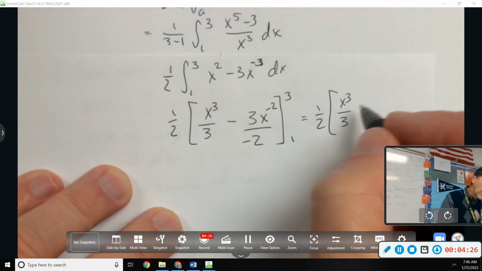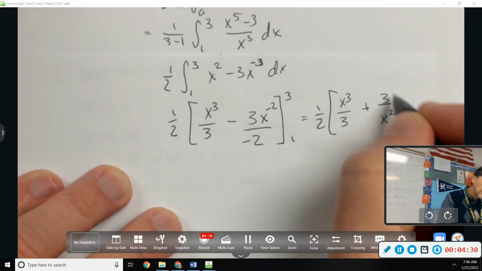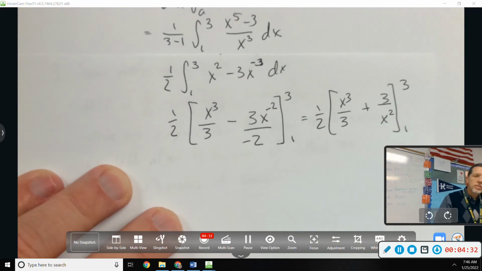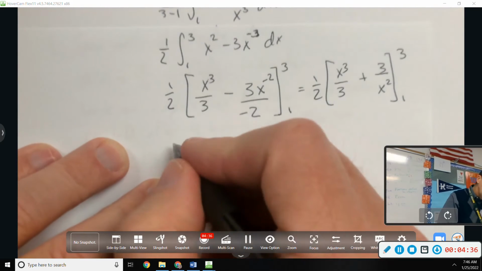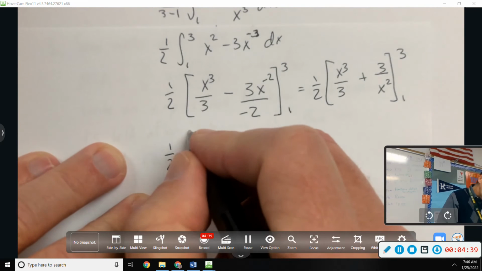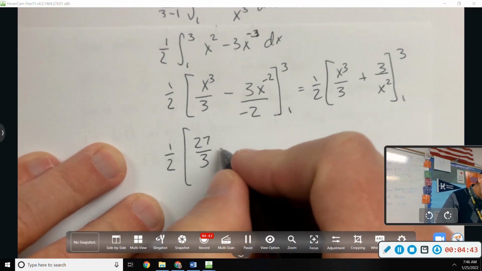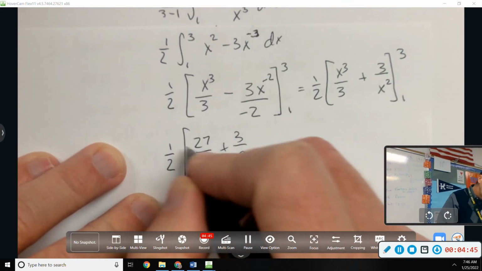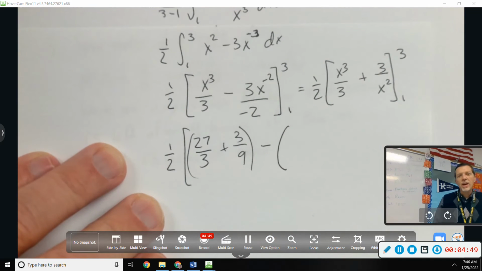The 2 negatives make a positive, and then I'm going to put that x squared in the bottom. I guess I don't have to do that. So 1/2. Plug in 3, I get 27 thirds plus 3 over 9. Both of those reduce, but we're not in the reducing game. We're in the calculus world, so leave it alone.